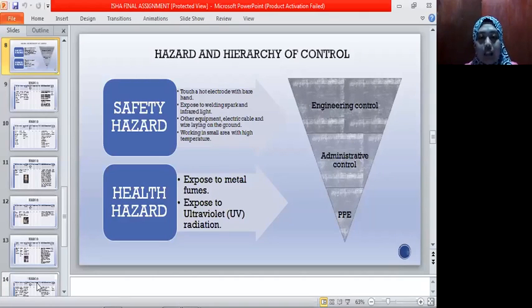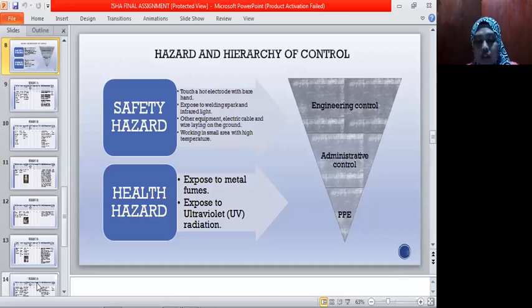The third is other equipment, such as electric cables and wires, lying on the ground. The last safety hazard is working in a small area with high temperature. For health hazards, we highlighted two hazards: the first is exposure to metal fumes, and the last is exposure to ultraviolet or UV radiation.